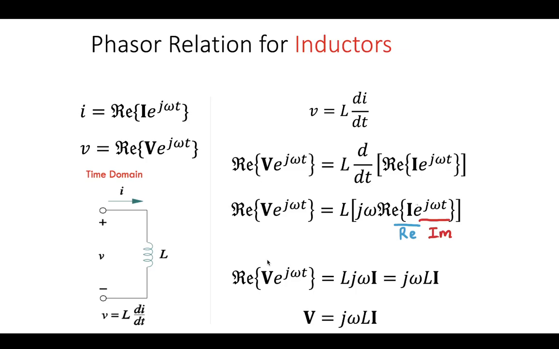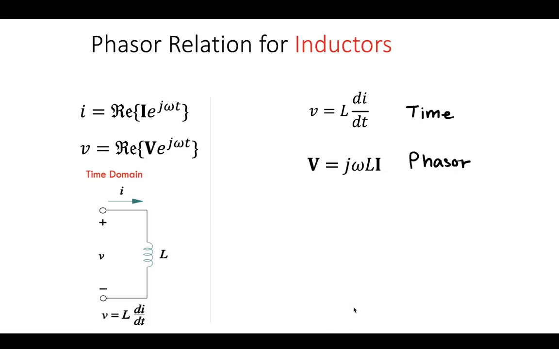And from here, we get the voltage is equal to j omega L multiplied by the phasor I. So now we're able to convert this, right, via some substitution. We were able to convert from our time domain expression into a phasor domain expression, and we were able to apply that derivative. Now we have our relationship between voltage and current in the time domain, and our relationship between voltage and current in the phasor domain.